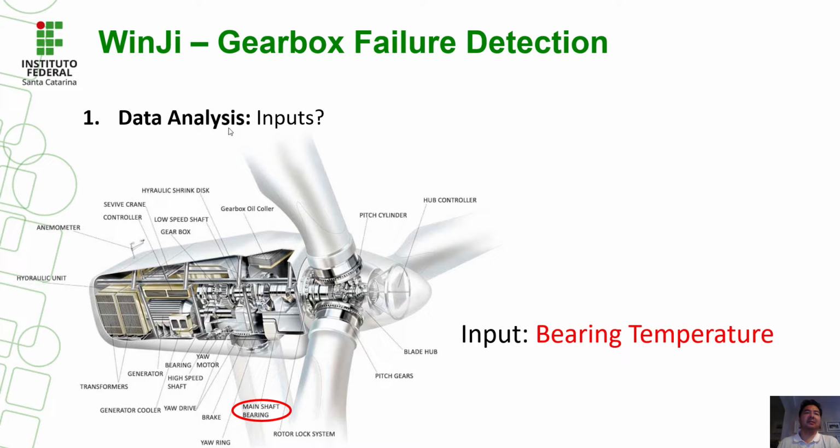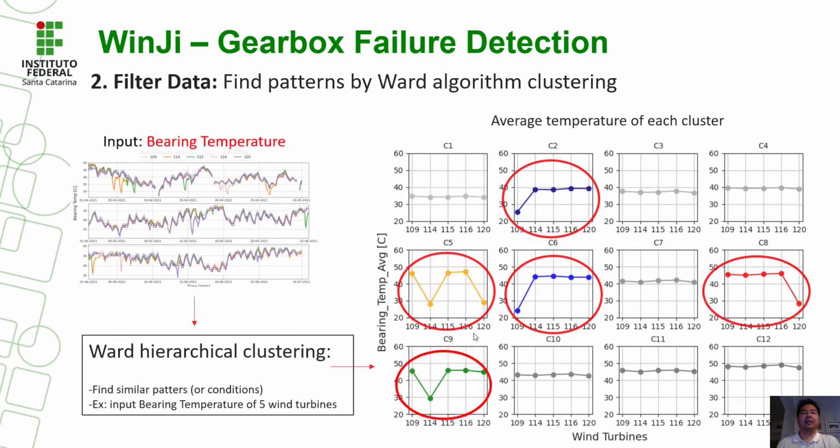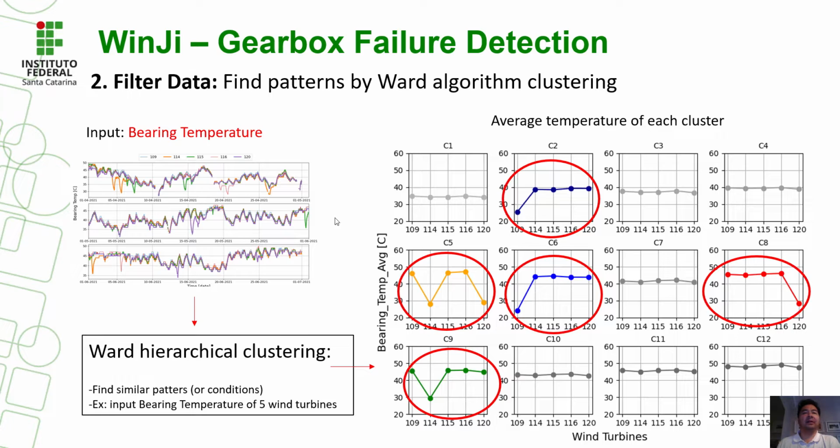So here basically the data input is the bearing temperature, and I compare the 5 turbines that were in the data set. Basically we have a problem with 3 turbines. One is 109, which relates to these two clusters.